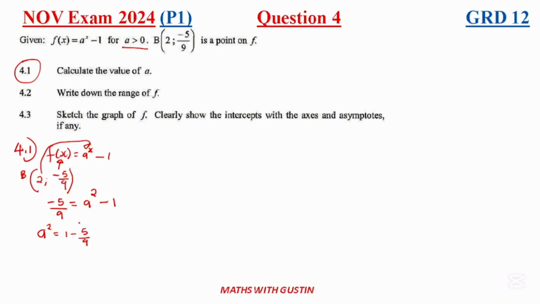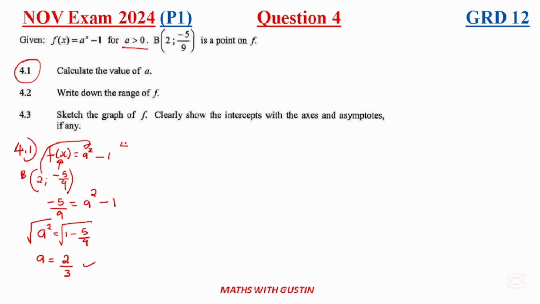In order for us to find a, we take the square root on both sides, then put this directly into our calculator. If I put that, what I'm getting is 2/3. That is the value of a. And it is correct, because they said that a has to be greater than 1, and it is greater than 1. So we know that that is correct.